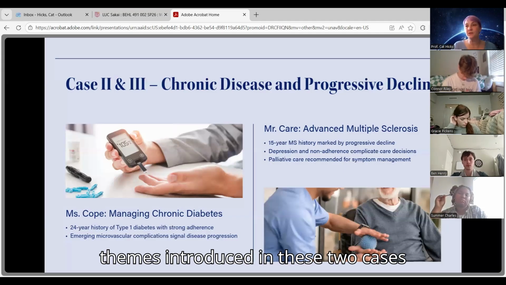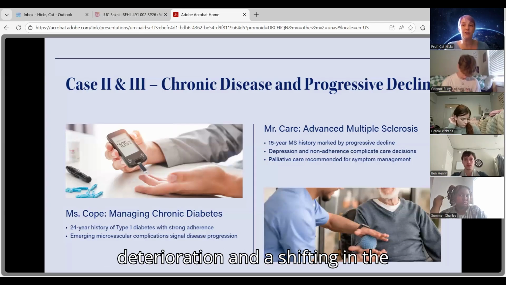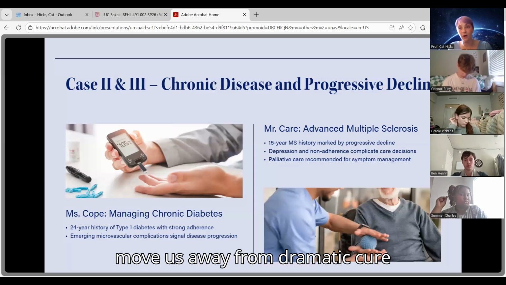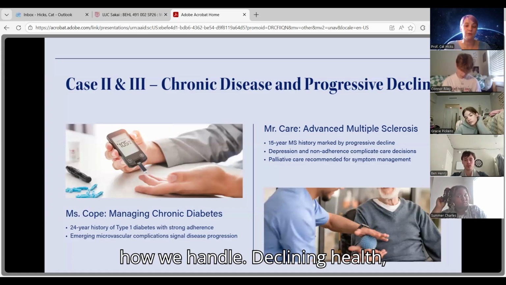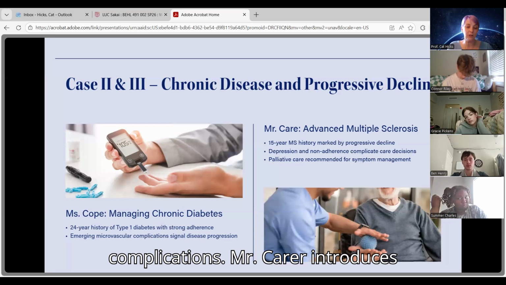So the themes introduced in these two cases are chronic illness, gradual deterioration, and a shifting in the goals of care. So these cases move us away from dramatic cure scenarios and into chronic management and how we handle declining health. So Ms. Cope illustrates ongoing management with accumulating complications.